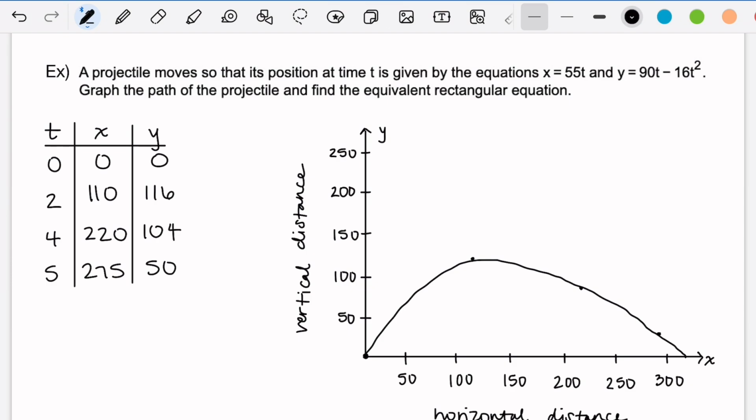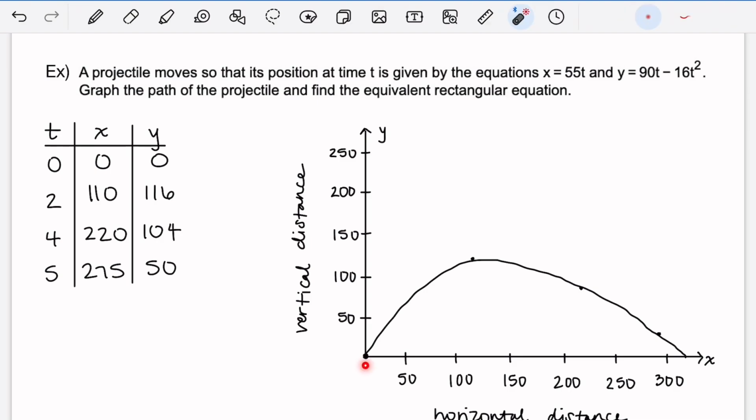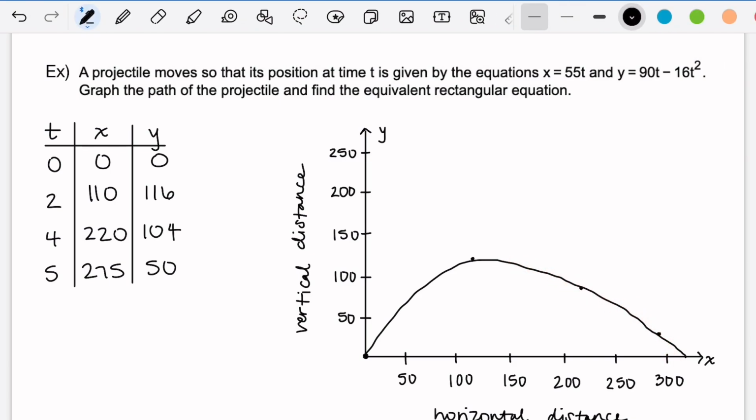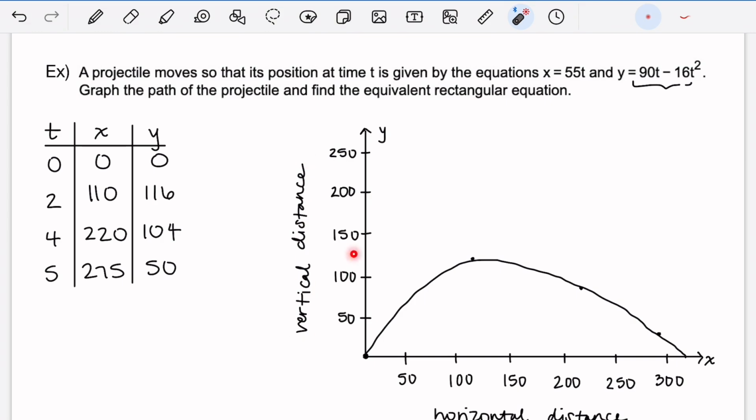Now, this makes sense. If you were to shoot a projectile, it would have this parabola shape. It would go high as long as it goes in this vertical direction as well, and then over time it's going to come back to the ground due to gravity. So this also tells us we could look at this equation here, and we can determine when the ball will hit the ground, what time it'll hit the ground, because we know that's going to happen when our vertical distance or our y value is equal to 0.